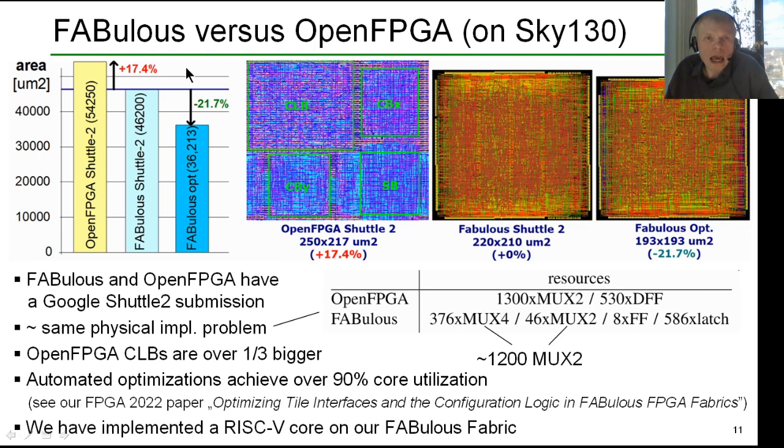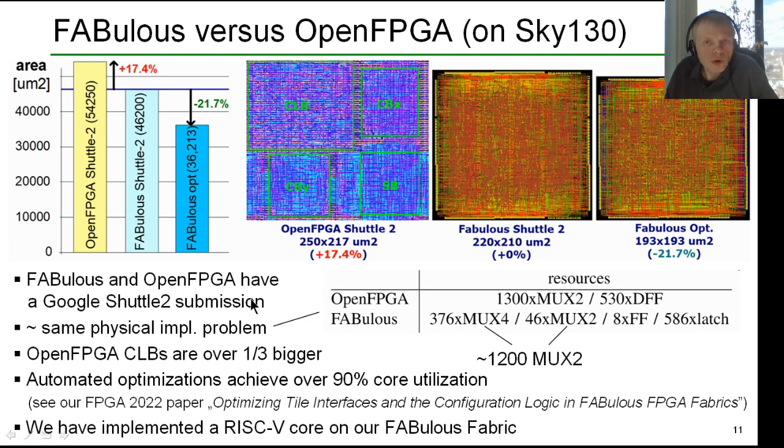Both frameworks have similar objectives, and both had submitted a fabric to the last SkyWater 130 nanometer process. That means we can really do an apples-to-apples comparison, as both use the same framework and have the same constraints.